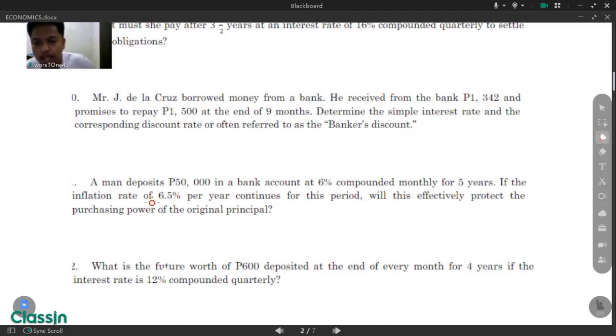A man deposits 50,000 in a bank account at 6% compounded monthly for 5 years. Our mode of compounding is 12. If the inflation rate of 6.5% per year continues for this period, will this effectively protect the purchasing power of the original principal?